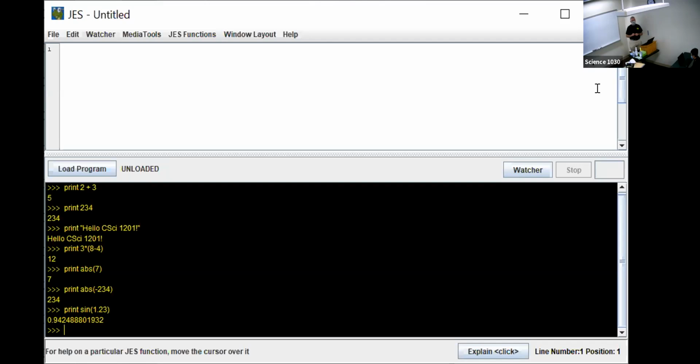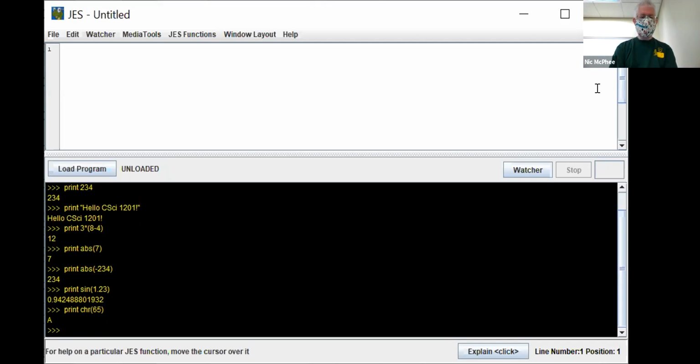Now, this connects us to the ASCII code stuff. JES also knows how to do character encoding. So there's a function CHR that takes a number and gives us the letter associated with that number.